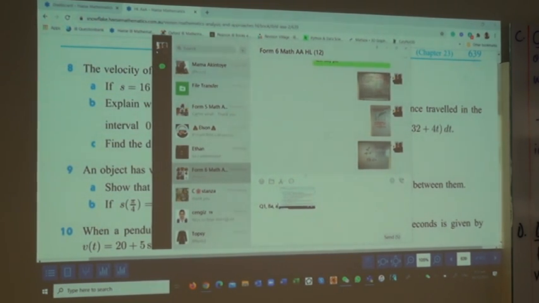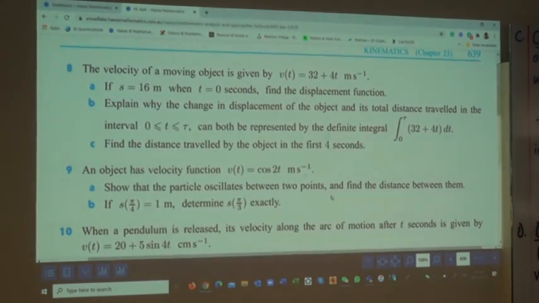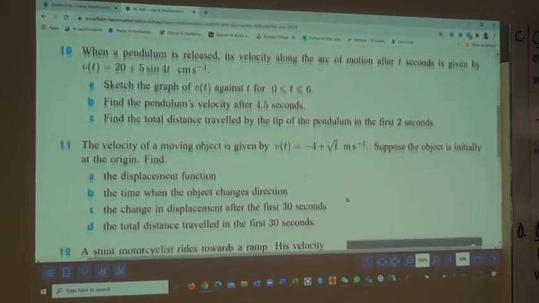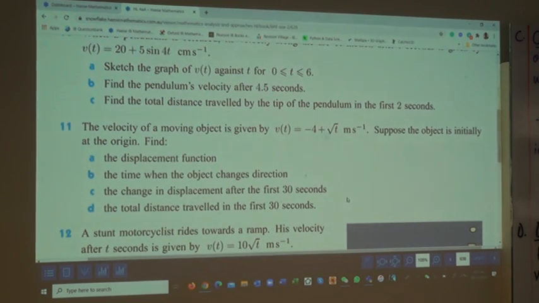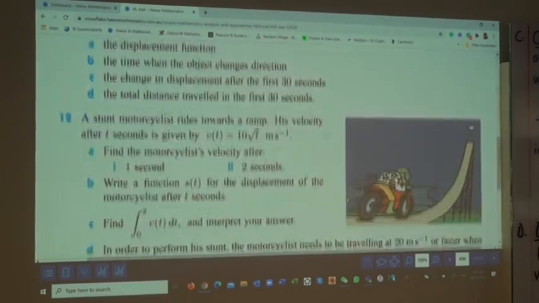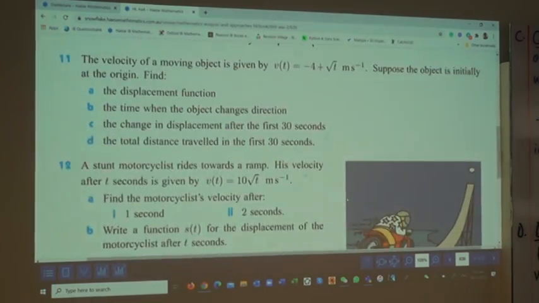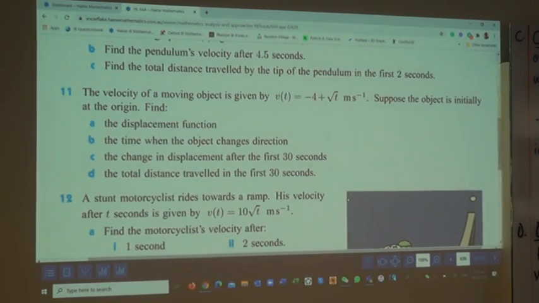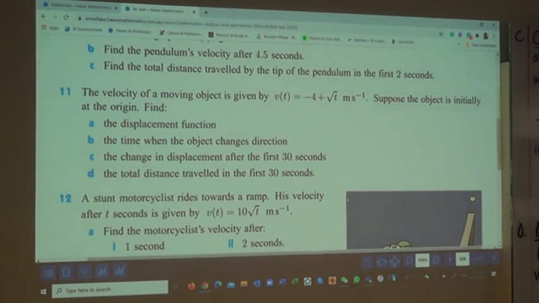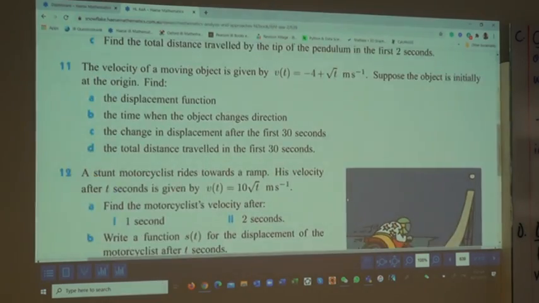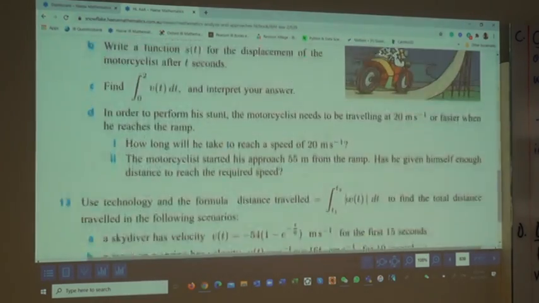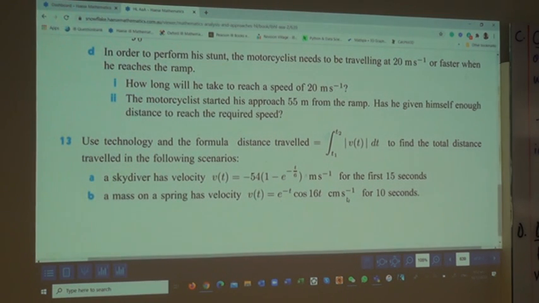Then we integrate this. You get half a second. The derivative is velocity.